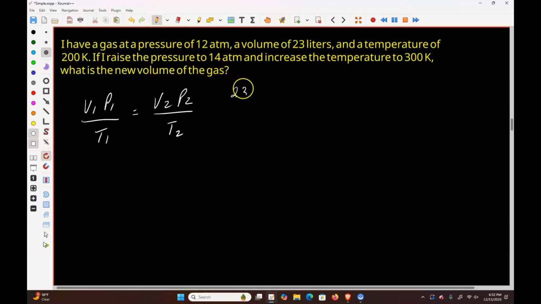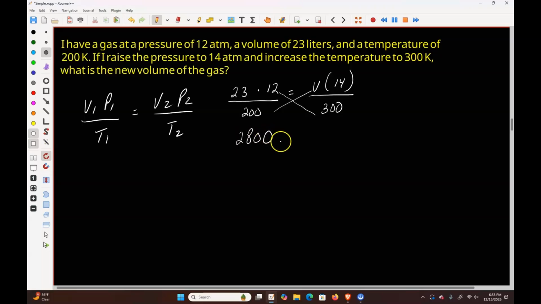So that's going to be 23 times 12 over 200 is equal to some volume. Pressure is 14, the temperature is 300. So I cross multiply. 200 times 14 is 2,800 V2.